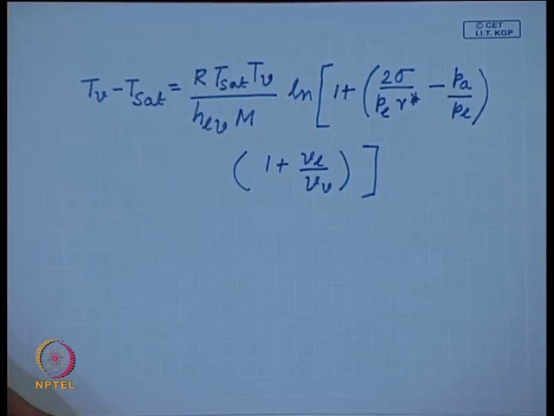Now, what is the effect of the dissolved gas in the liquid? Can you identify the effect of dissolved gas in the liquid? If you simplify this, then probably it will be clear that the dissolved gas in the liquid reduces the requirement of degree of superheat.